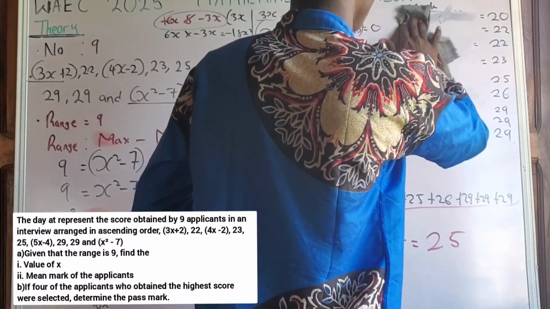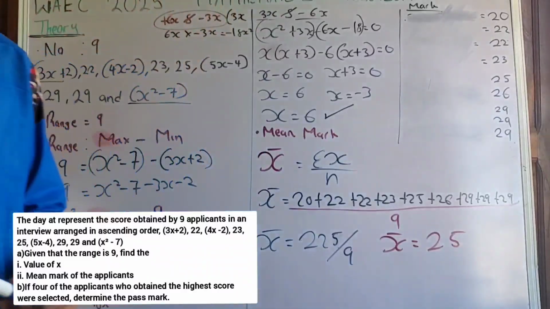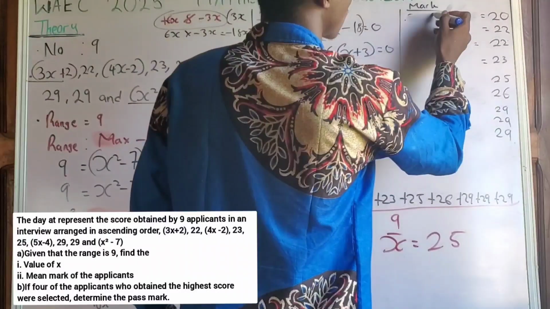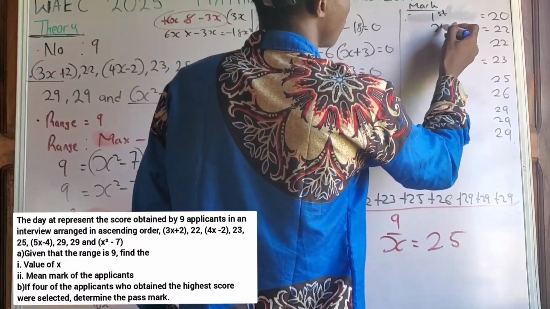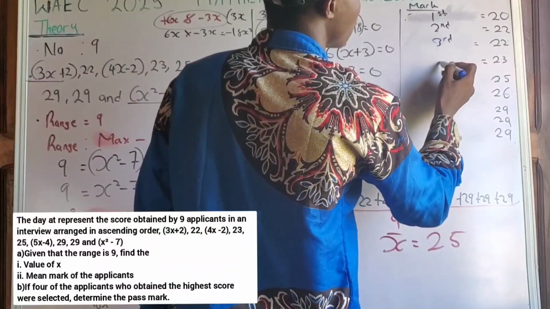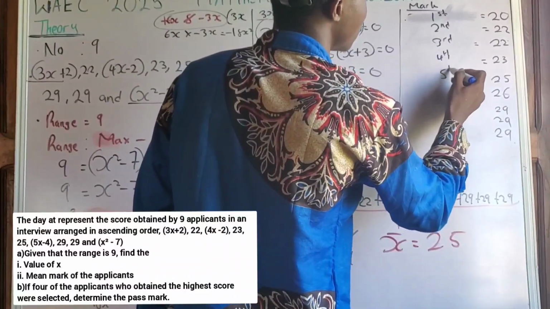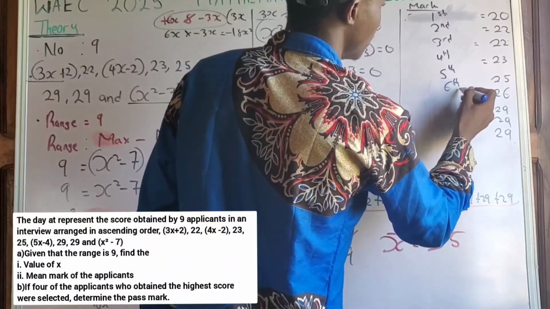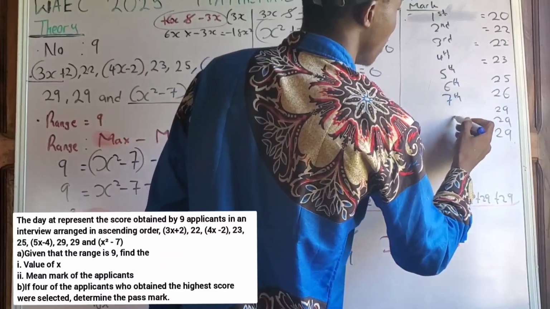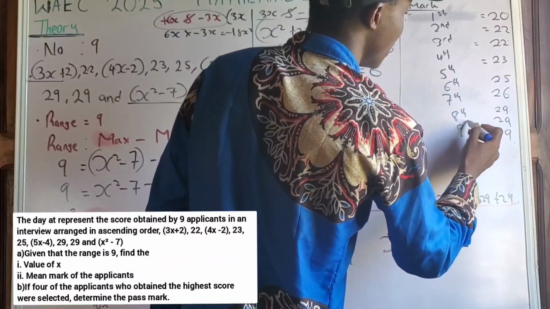We want to solve the third question now. This is the score of the first applicant, the second applicant, the third, the fourth, the fifth, the sixth, then we have the seventh, the 8th applicant, and the 9th applicant.